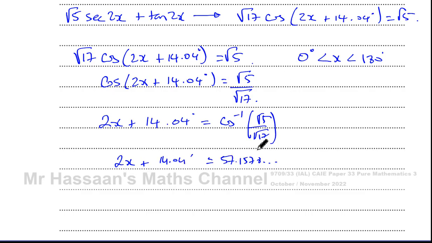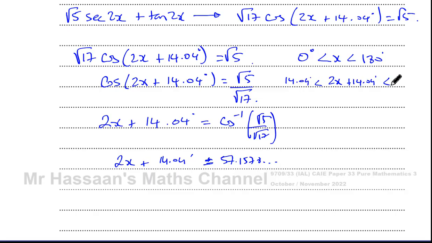All right, so that's 2x plus 14.04 degrees. Now, we have to get all the angles within our range. Our range is for x between 0 and 180. The angle that we are dealing with here is 2x plus 14.04, so we have to adjust the range to match this. So I have to change this to 2x plus 14.04 degrees, in which case this becomes 2 times 0 plus 14.04, which is 14.04.